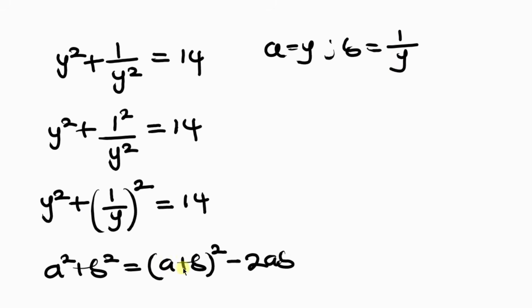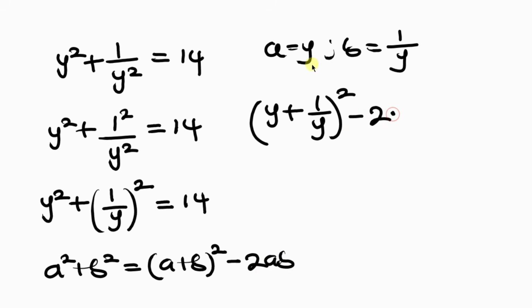Now let's write the left hand side like this. We have a plus b: a is y plus b is 1 all over y, all raised to power 2, minus 2 times a times b. So 2 times a is y, times b is 1 all over y.